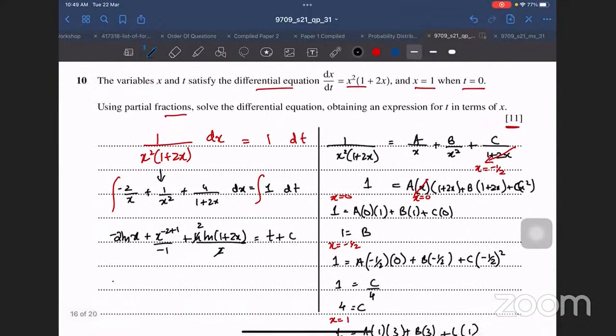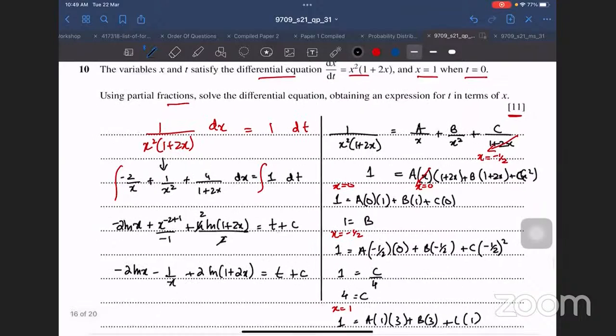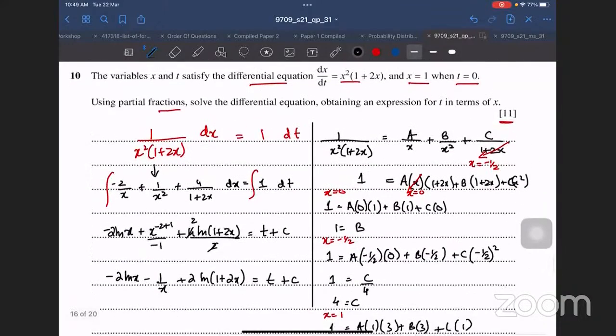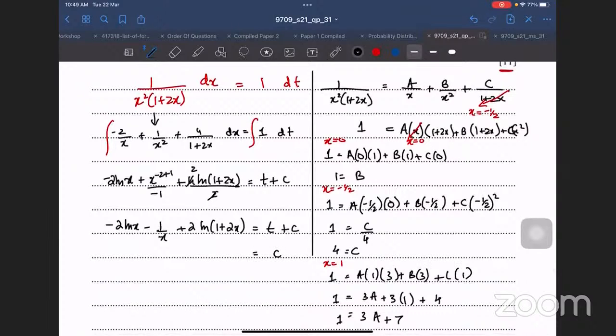So I get minus 2 ln x minus 1 over x plus 2 ln (1 plus 2x) equals t plus c. x equals 1 when t equals 0. So c equals minus 2 ln 1 minus 1 over 1 plus 2 ln 3. So c is equal to 2 ln 3 minus 1.